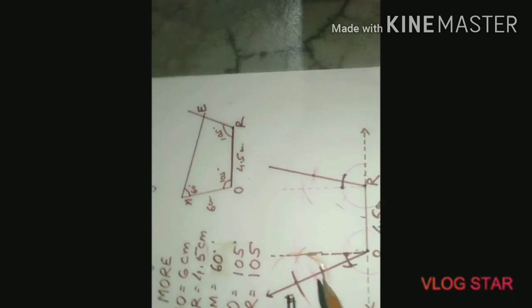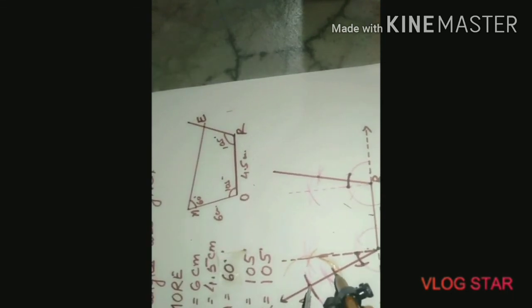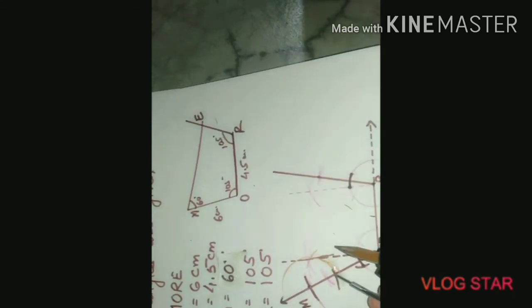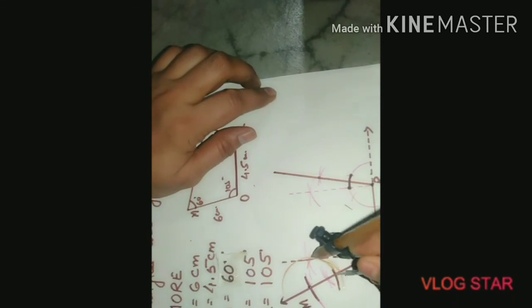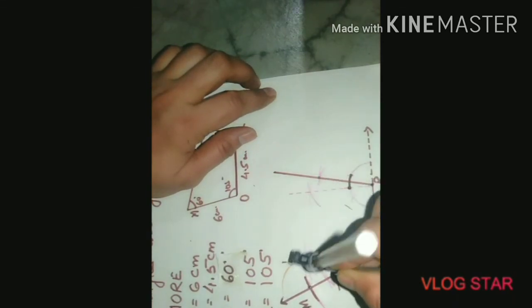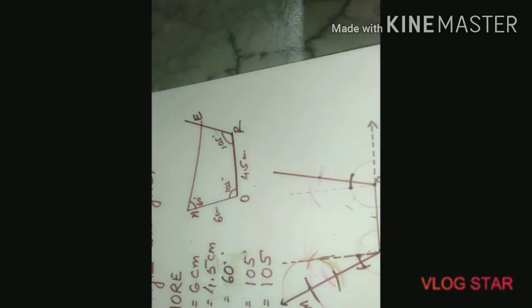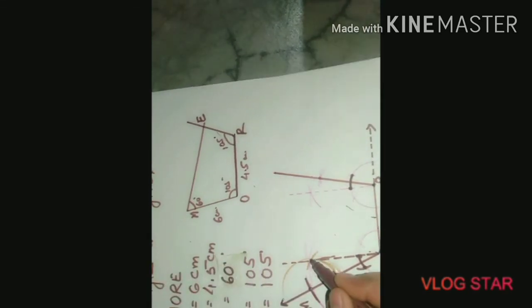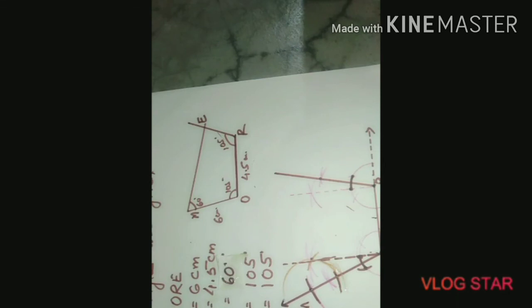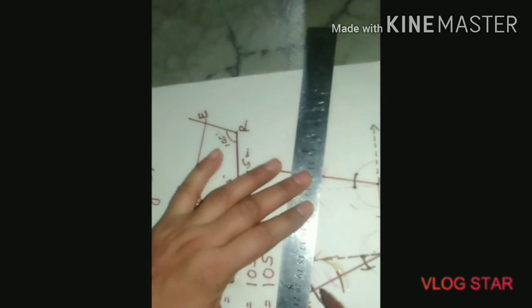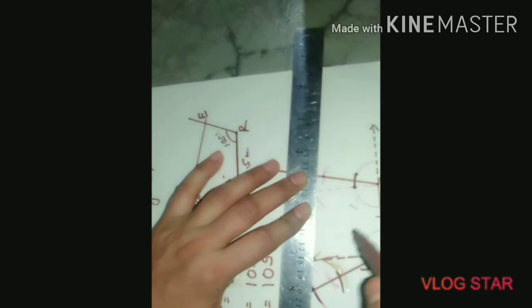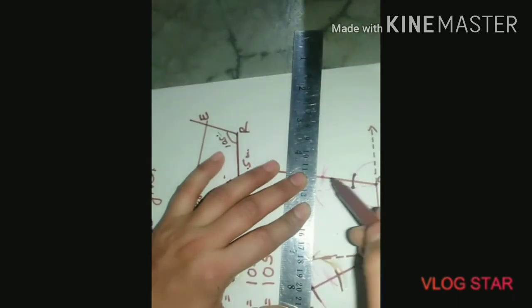At point M draw the semicircular arc like this, and then at this point again you have to draw the arc. Now this point and this point you have to join and extend it.